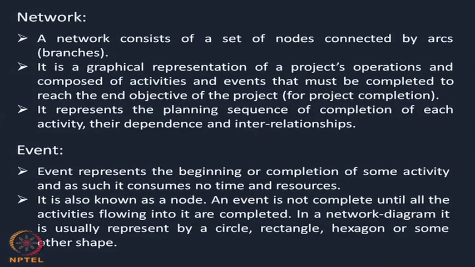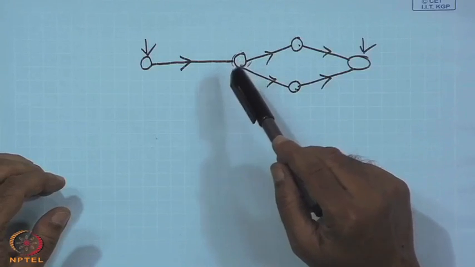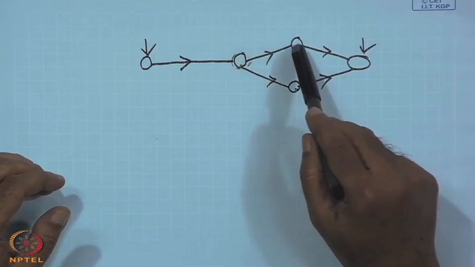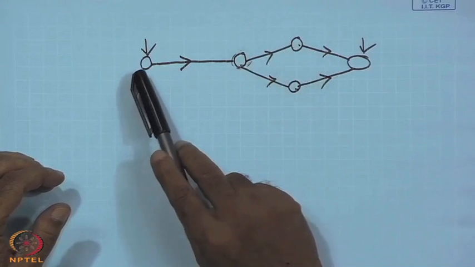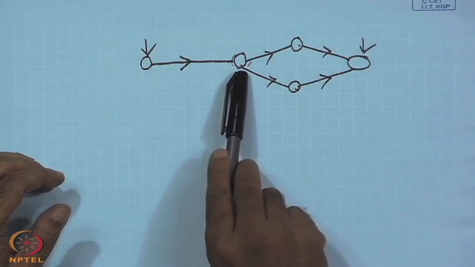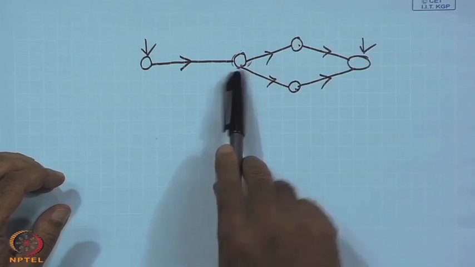An event is also known as a node, and an event is not complete until all activities leading into it are completed. That is, if the activities before it are not completed, the event will not be completed. Just like this one, it will be completed only when the initial event and this activity are completed.